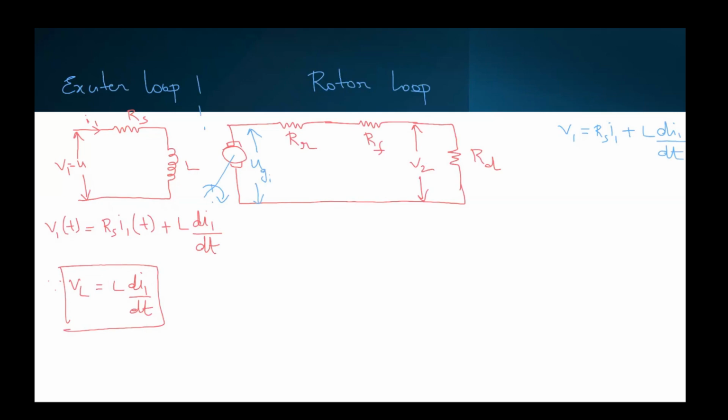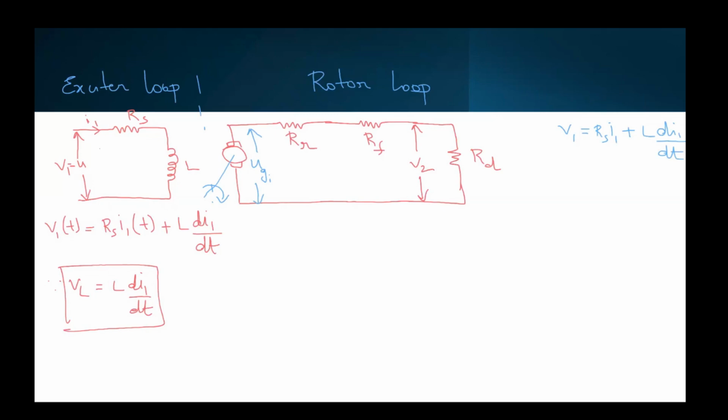For the exciter loop, there can be many ways by which you generate the magnetic field. Here we are using an exciter loop to generate the magnetic field, and the input voltage is V1, and there is a resistance Rs, which is the stator resistance, and L is an inductor.